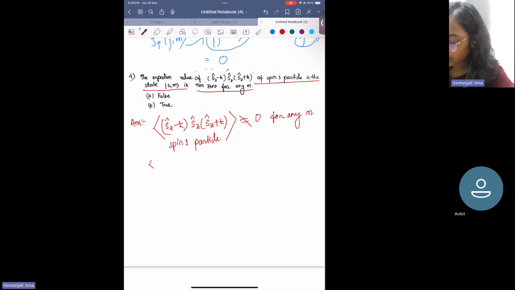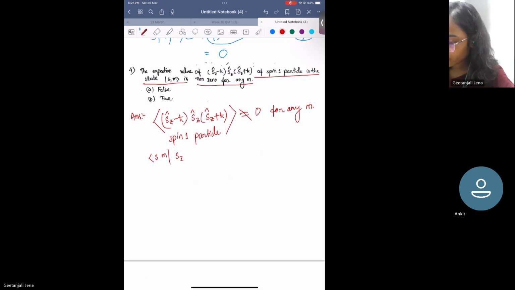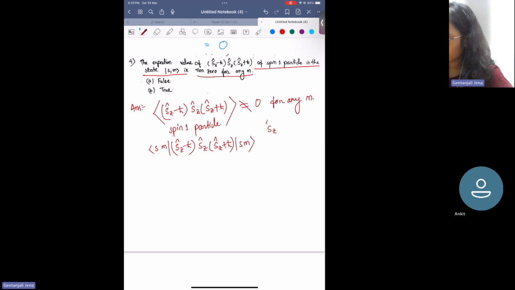So the expectation is nothing but <s,m|(Sz minus ħ)(Sz plus ħ)|s,m>. Now you know that Sz when it acts on |s,m> will give mħ|s,m>. So let me write here.